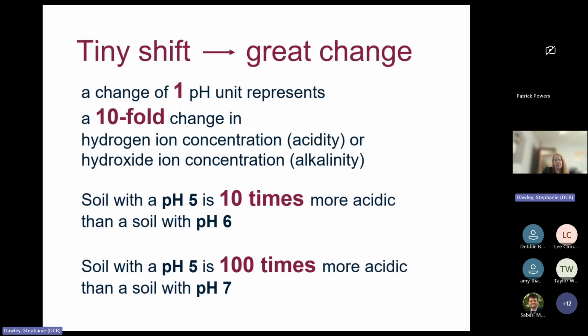A change of 1 pH represents a 10-fold change in hydrogen ions, which is the acidity, or the hydroxide ion concentration, which is the alkalinity. So soil with a pH of 5 is 10 times more acidic than a soil with a pH of 6, and it is 100 times more acidic than a soil with a pH of 7.